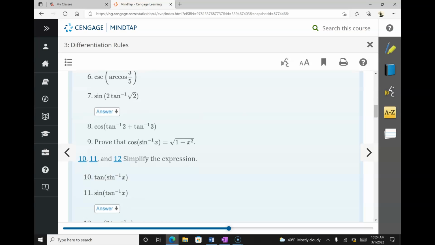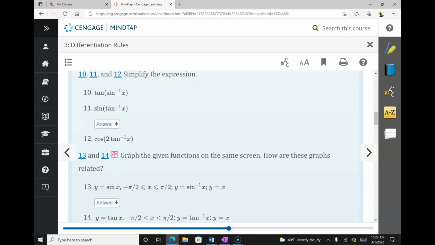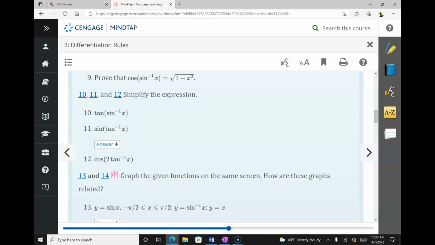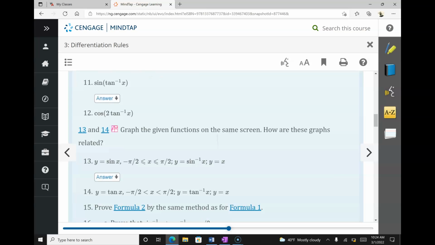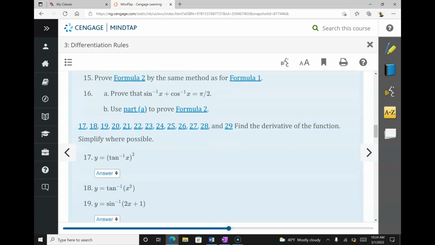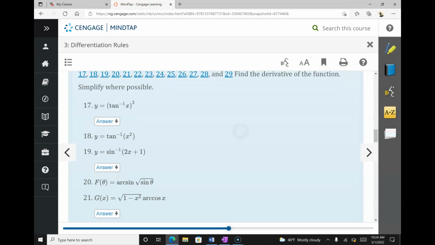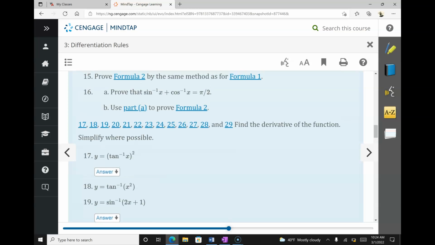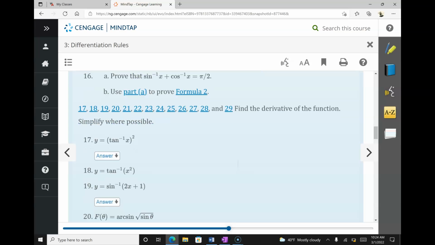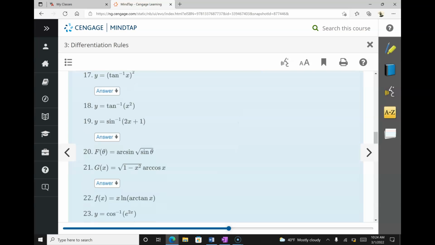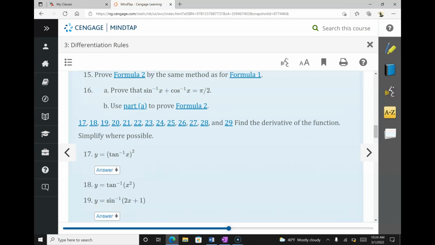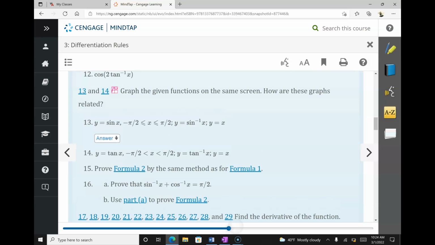Let's get to some derivatives. Simplify. Let's do derivatives. Wait, is it asking me to find derivatives yet?